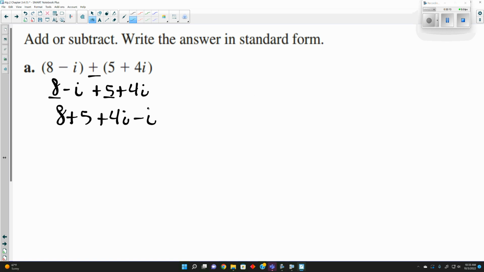Well, what is 8 plus 5? What is 4i minus i? That's it.